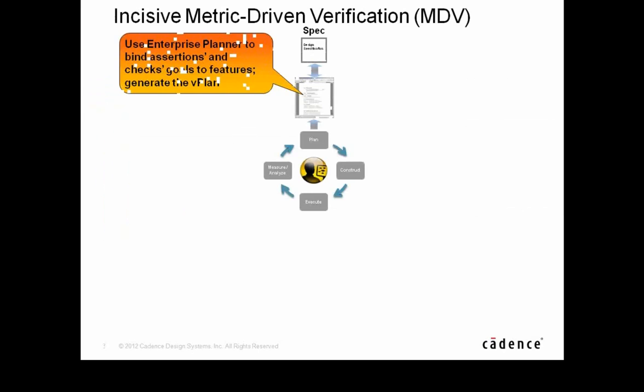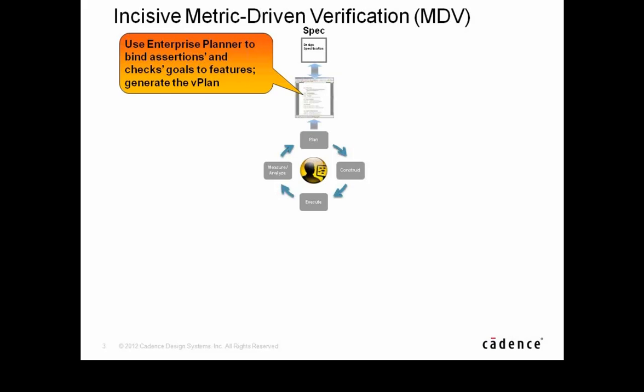This is the typical verification planning and management cycle. You have the planning part, where in terms of Cadence tools we have something called ePlanner, where you can document your verification plan.